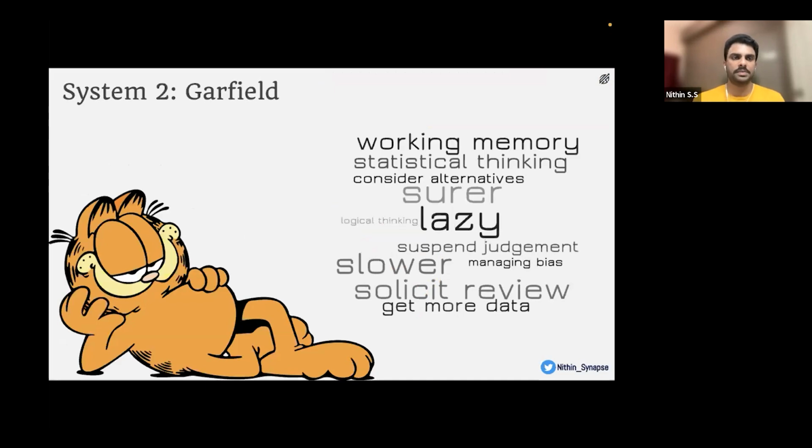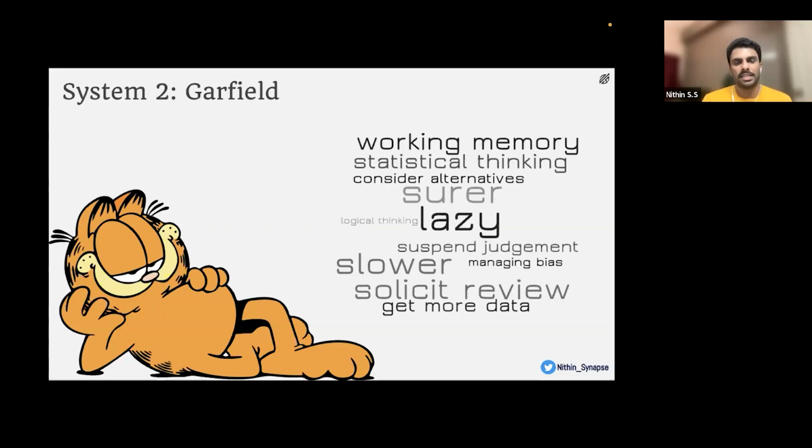And when it comes to System 2, I would like to refer to Garfield, which you might know is a super lazy character, right? System 2 prefers logical thinking, and it is more rational. It is reasoning based. It always comes with a conscious thought, and it can follow a series of instructions and execute a series of steps.